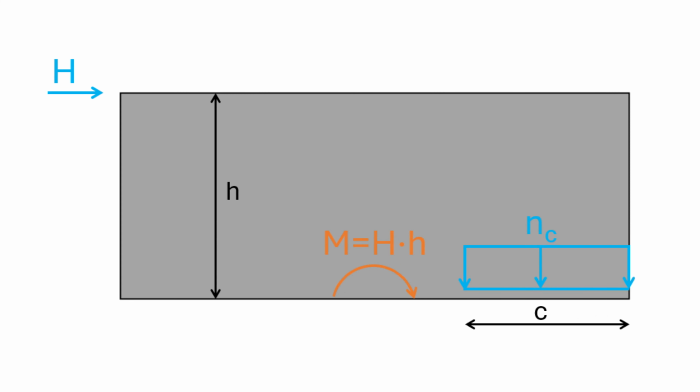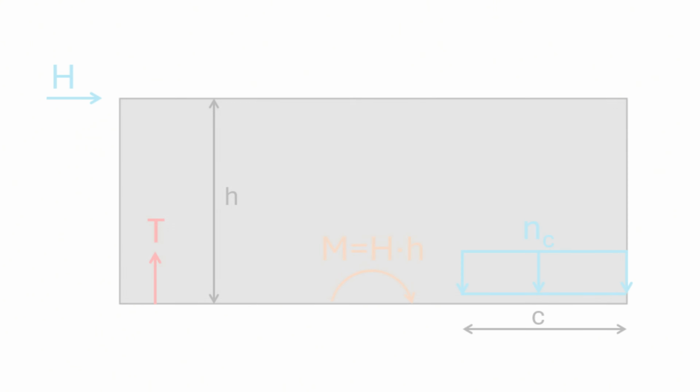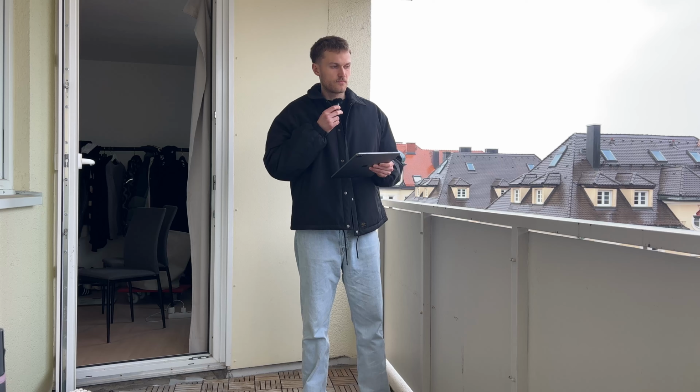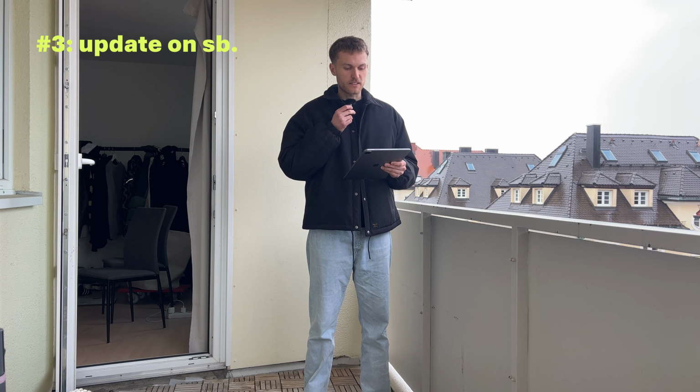N and C depend on the magnitude of M, and the bigger M, so the moment, the smaller the compression zone will become, which also means that the eccentricity of the load is much bigger. If C becomes too small, we have to add reinforcement at the other side of the wall to take up tension.